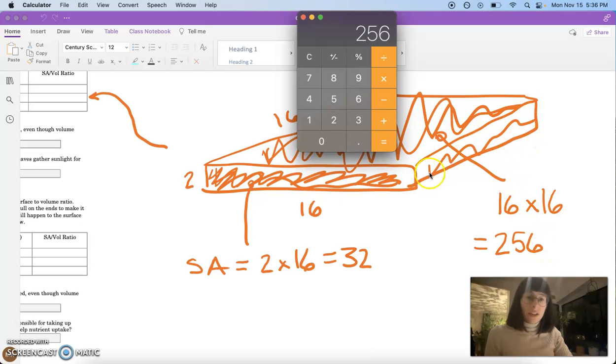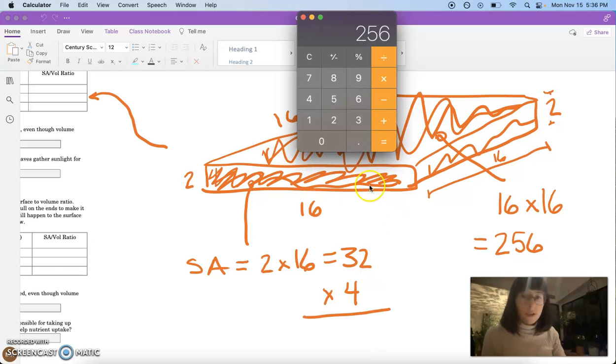And then as far as these sidebars go, those are also going to be 2 by 16, because this height here is 2, and this is 16. Sorry for the poor drawings. So you're actually going to take this area, and it's going to be times 4, because that's how many sides there are that have this value of 32.